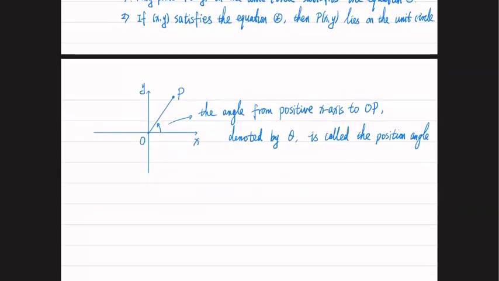Again, we will draw the unit circle. We pick a point. And we measure the position angle.